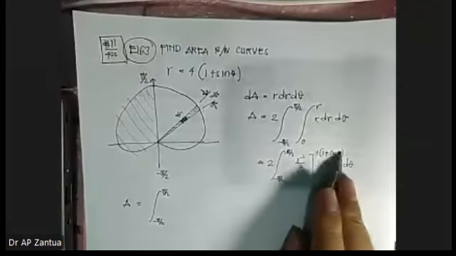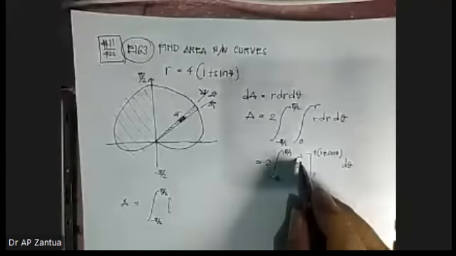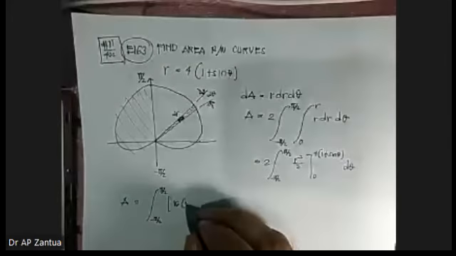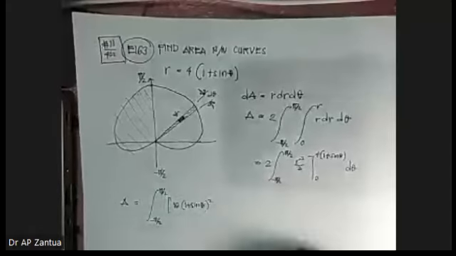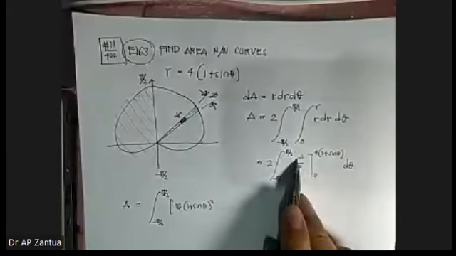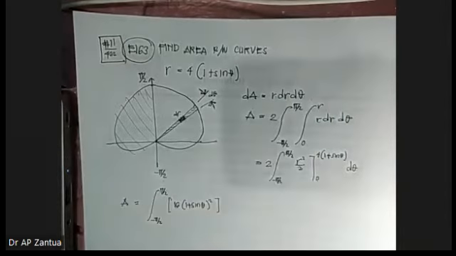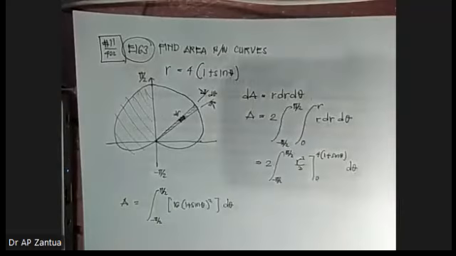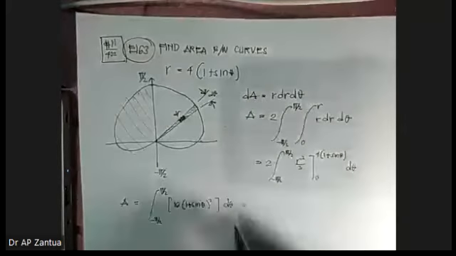Substitute this value, that is the upper limit to r squared, meaning that will become 16 times quantity 1 plus sine theta squared. Minus, substitute this to that is 0. So minus 0. And that is only our evaluated function.